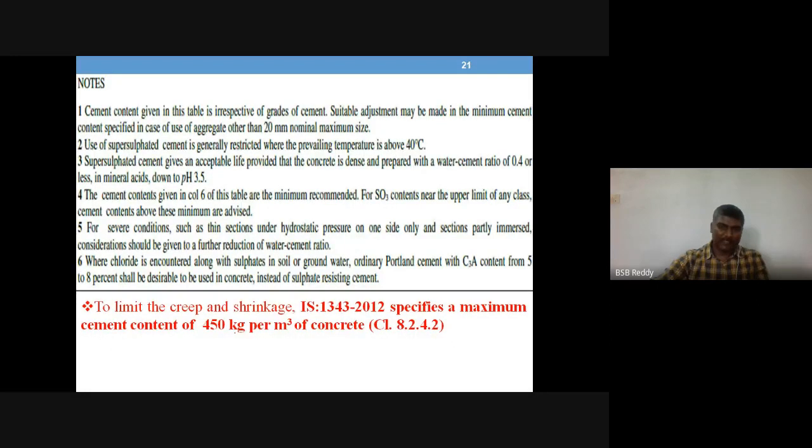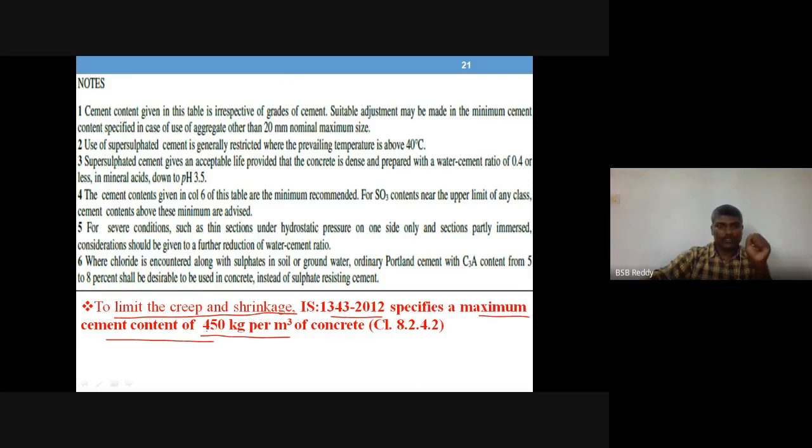Ultimately, there is also the maximum cement content, to limit the creep and shrinkage losses that we will be studying in further sessions. To limit the creep and shrinkage, IS 1343 specifies a maximum cement content of 450 kg per cubic meter of concrete. At any cost, the cement content shall not go beyond 450 kg per cubic meter.